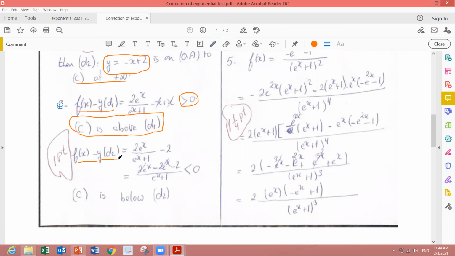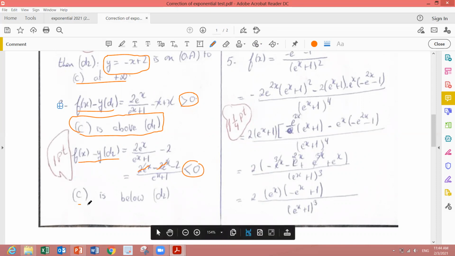f(x) minus y_D2 equals 2e^x over e^x plus 1, minus 2. We take the LCM, it becomes 2e^x minus 2e^x minus 2 over e^x plus 1, which is minus 2 over e^x plus 1, less than 0.